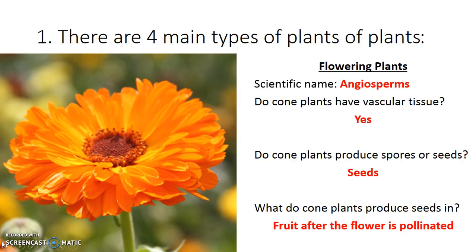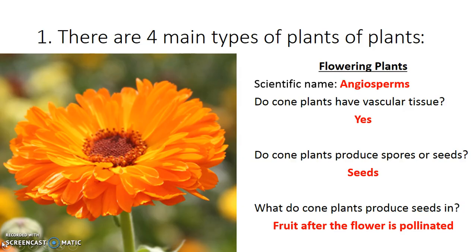So, four basic types of plants: bryophytes, mosses. They lack vascular tissue. They produce spores. The next group of plants is ferns and fern allies, seedless vascular plants. They have vascular tissue, but they produce spores, not seeds. Next is gymnosperms, conifers, cone plants, evergreens.